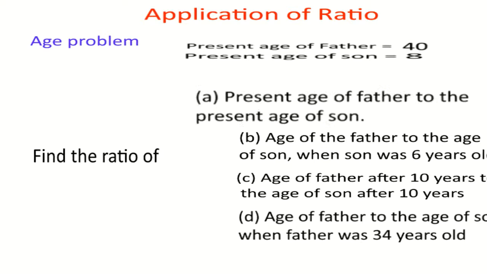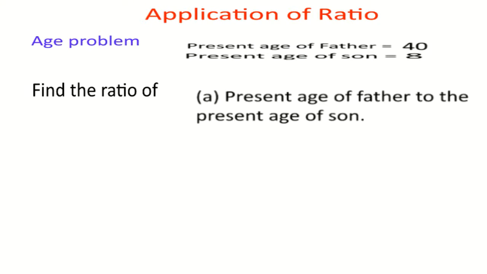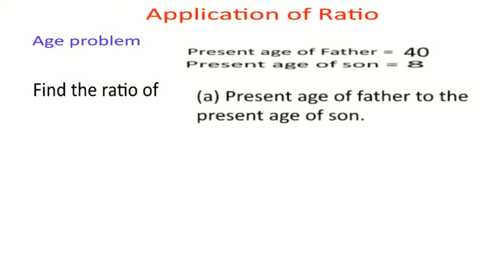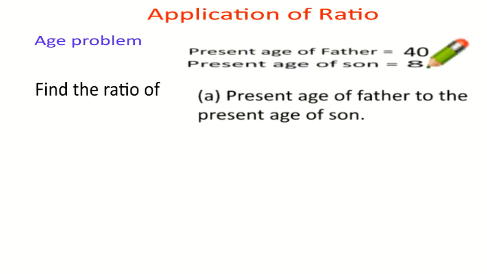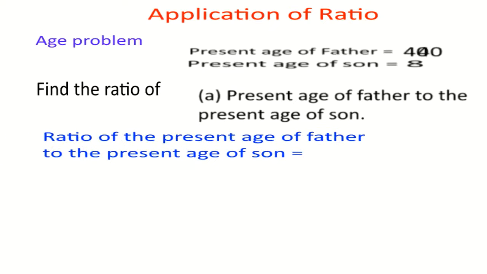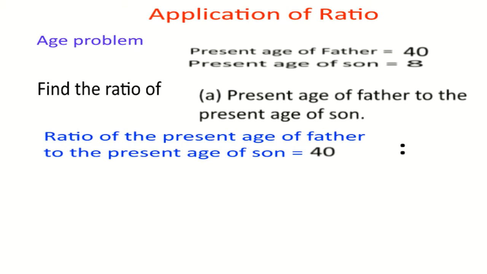Let's solve the first problem. Here it is given, the present age of father is 40 and present age of son is 8. So the ratio of the present age of father to the present age of son is 40:8.